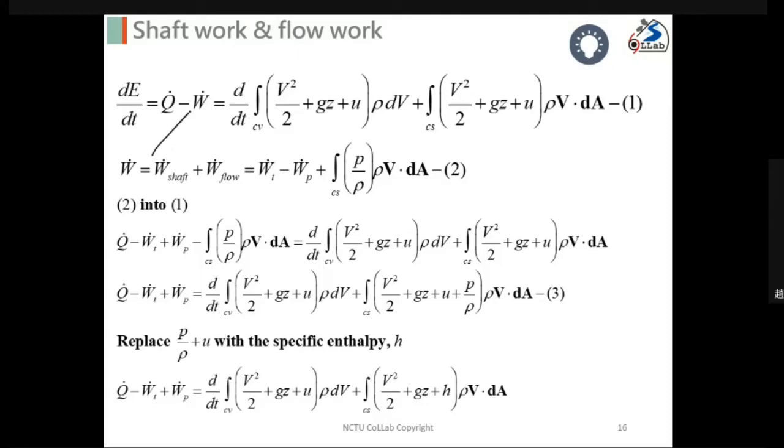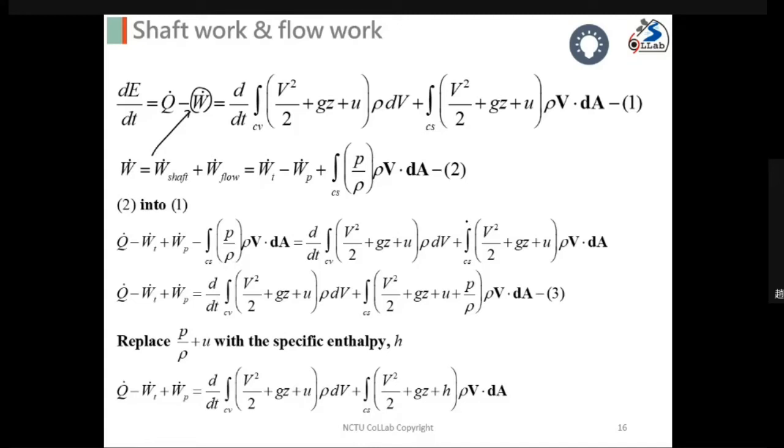If we put equation 1 and equation 2 together, we can go back to here. So we can rewrite equation 1 as the Q rate minus W T rate plus the W P rate, and then minus the integration along the control surface of P divided by rho and rho V dot dA.